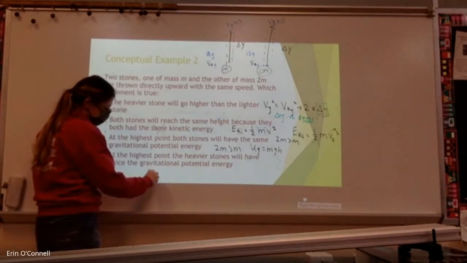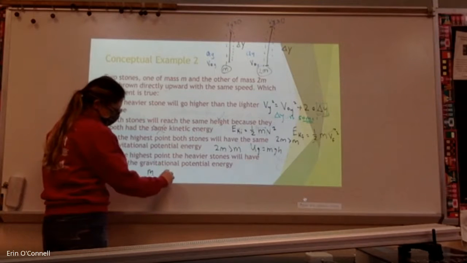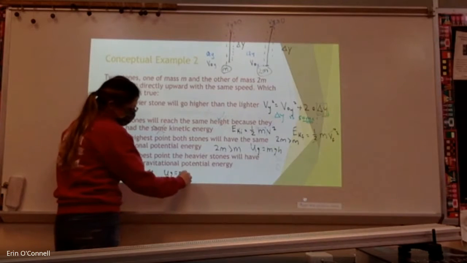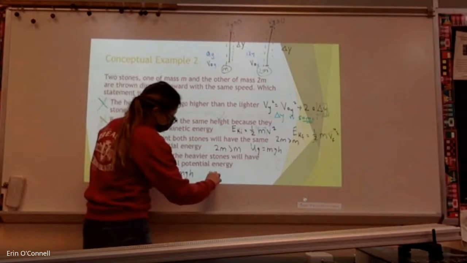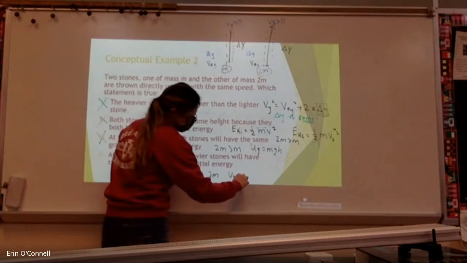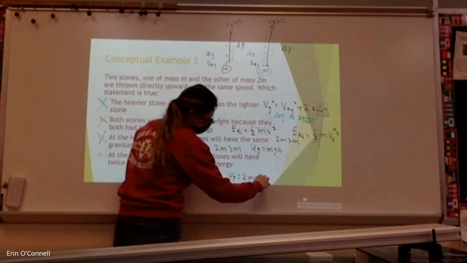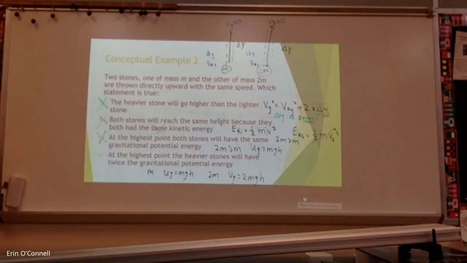M will have gravitational potential energy of mgh, while 2m will have 2mgh. So the height is the same, g is the same, but the mass is not. So that leaves our only answer, which would be D.